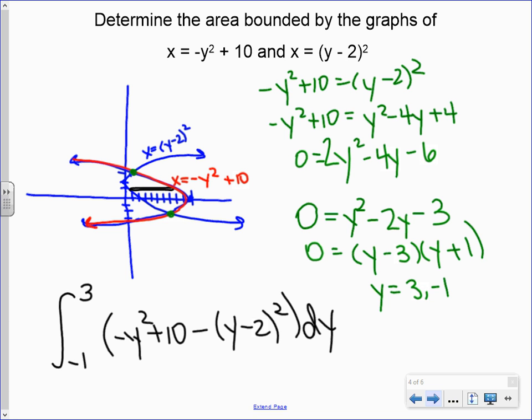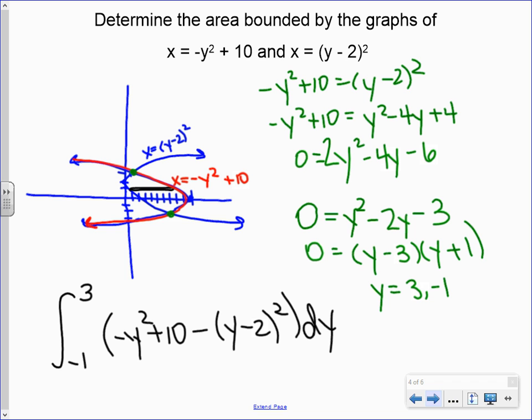What if you don't have a calculator? If I plug in -1, I get 9. They're the same. That's good. If I plug in 3, I get 1. They're the same. It's an intersection point.